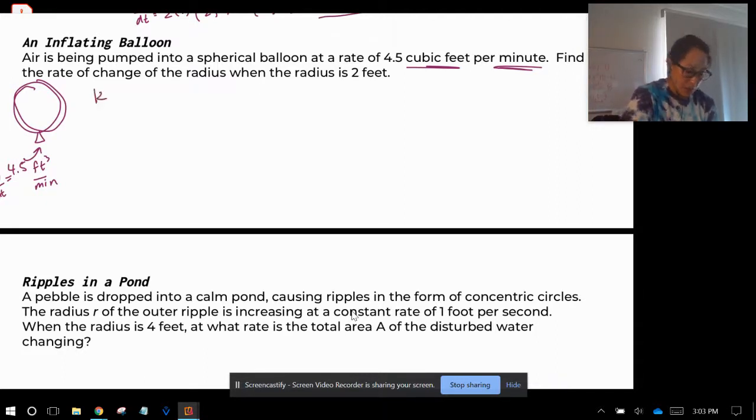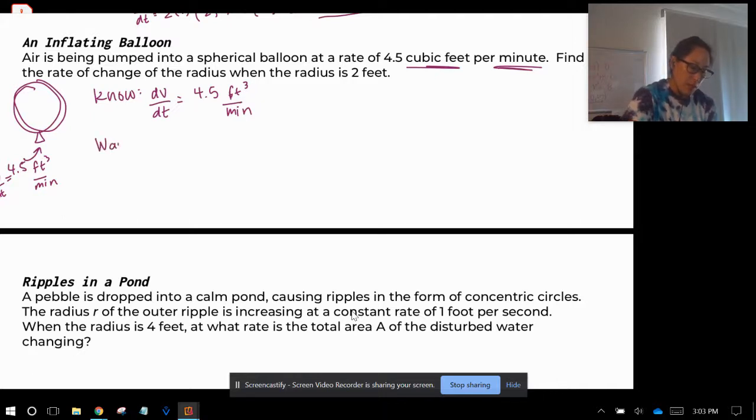So I always make this list. I know that the rate that the volume is changing is 4.5 feet cubed per minute, cubed for volume.